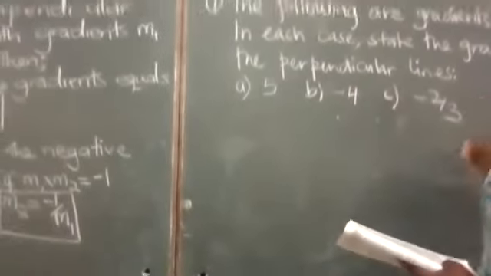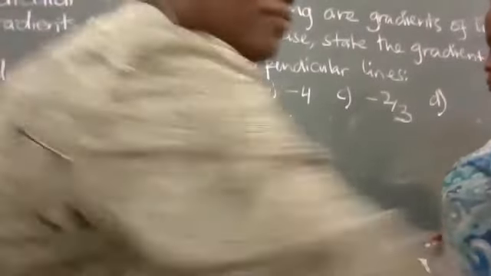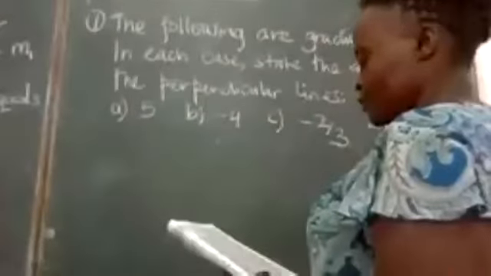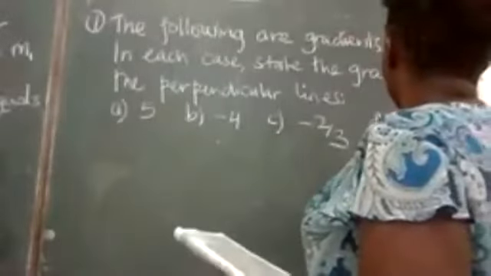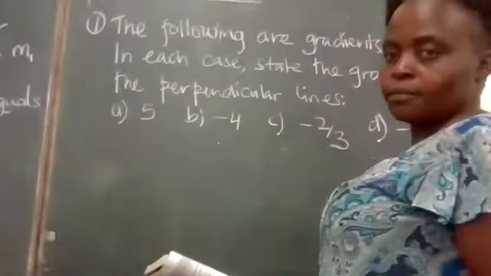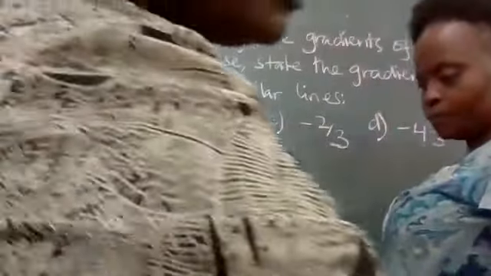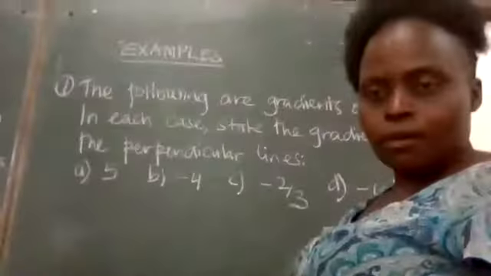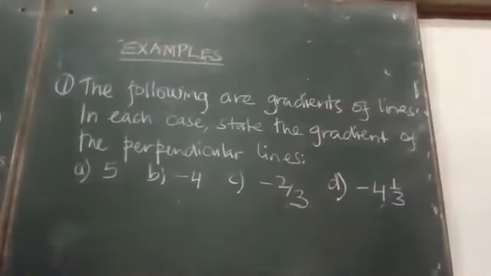Okay, so Mrs. Chisambo is taking us through those examples. Over to you, Mrs. Chisambo. They can first write the question, I think. Kindly pick that question very quickly. That is example number 1.